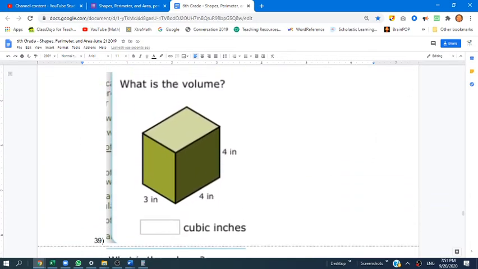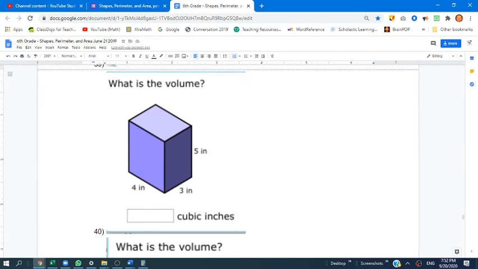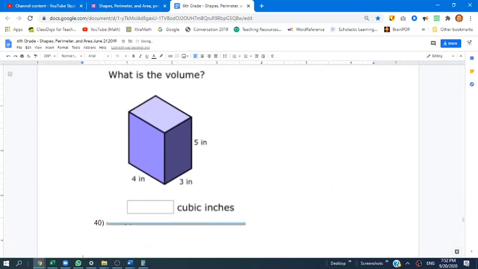Number 39. What is the volume? Number 40. What is the volume?